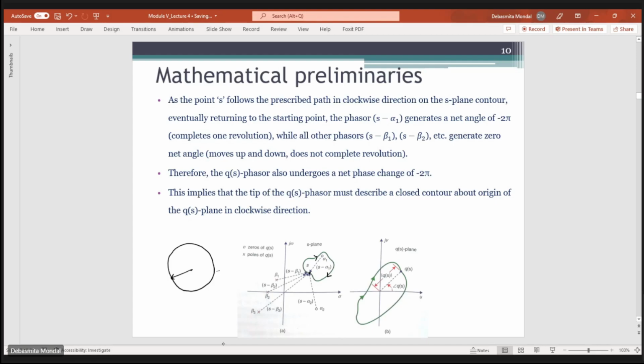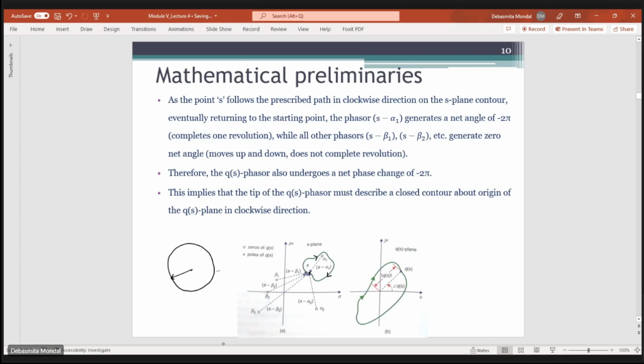So the net angle completed in one revolution is minus 2 pi, since we are moving in the clockwise direction. If we were moving in the anti-clockwise direction, we would have a net angle contribution of 2 pi.